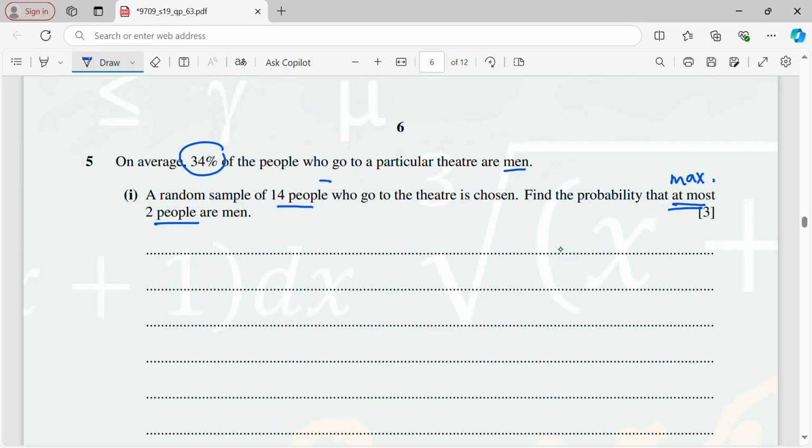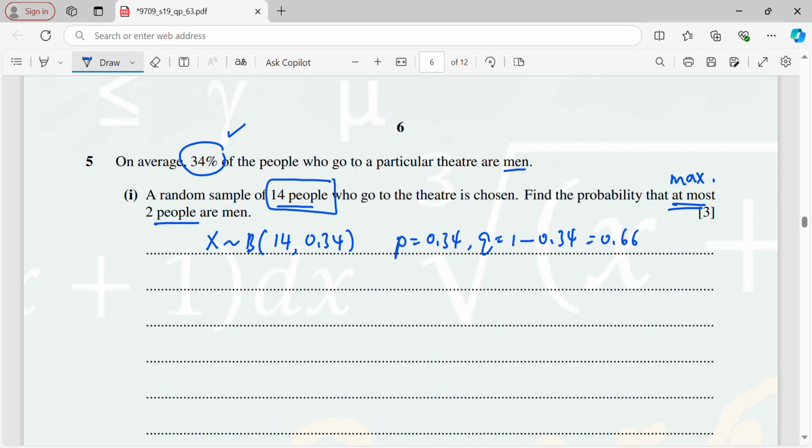Since this is involving people, this is discrete, which is binomial distribution. So I will write X is binomially distributed with n is 14, and 34% means 0.34. So my p is 0.34, then my q is 1 minus 0.34, that is going to be 0.66.